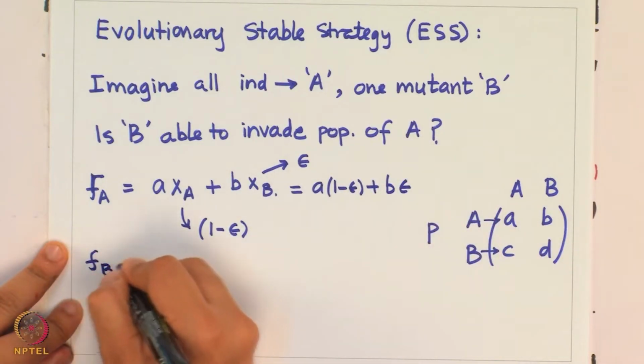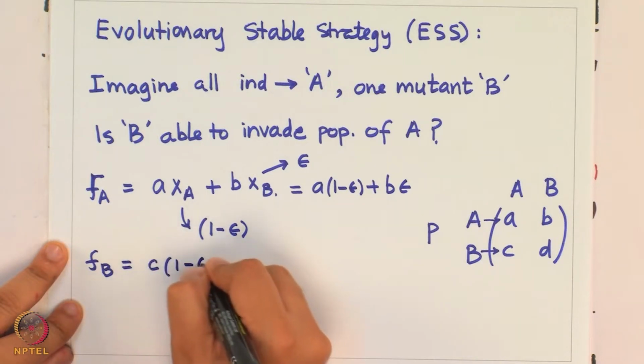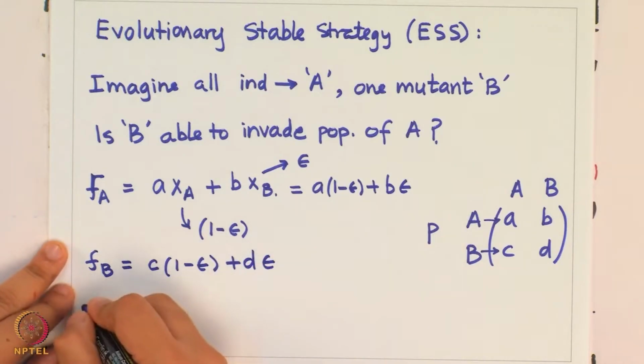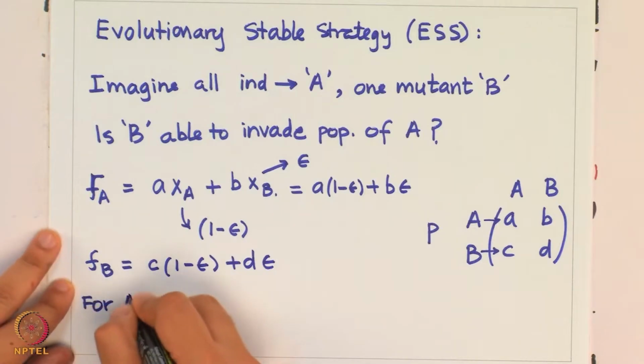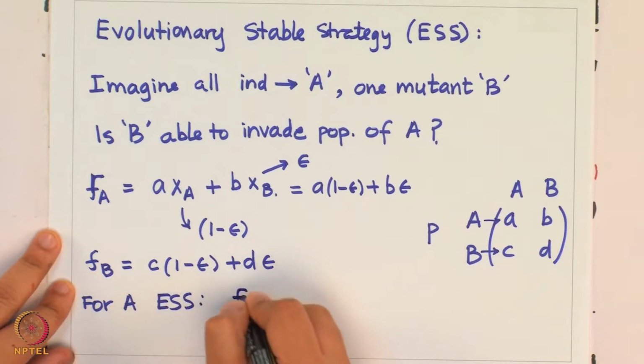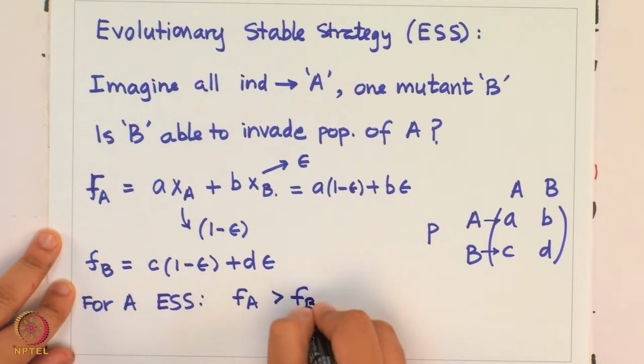Consequently, the fitness of B at that point is just going to be C times 1 minus epsilon plus D times epsilon. And the condition for A to be an ESS is that FA at this instant should be greater than FB.